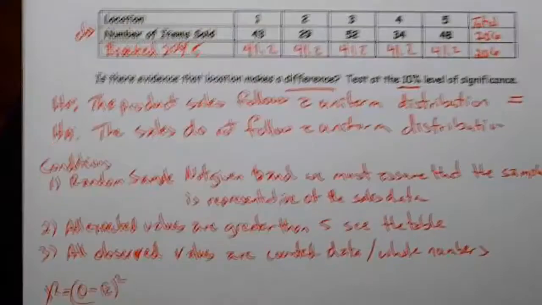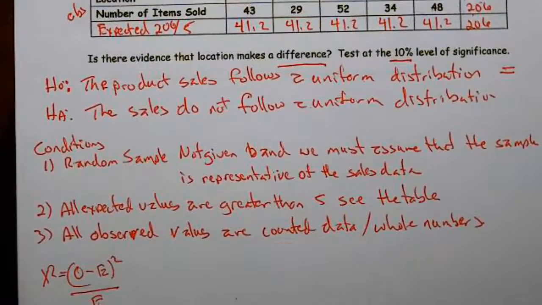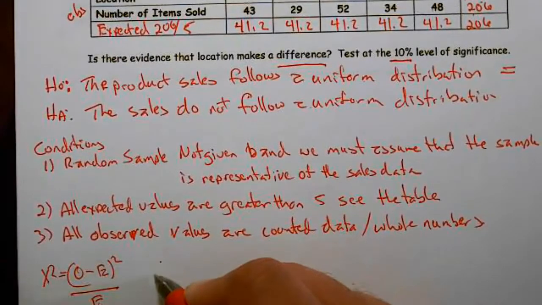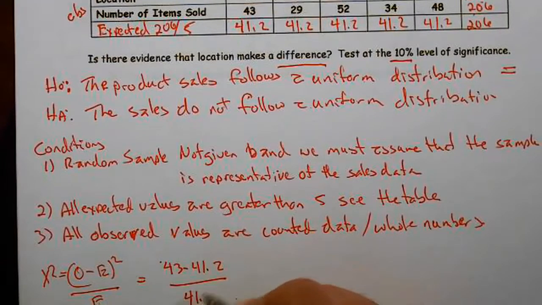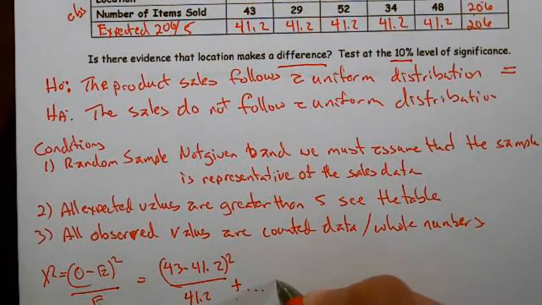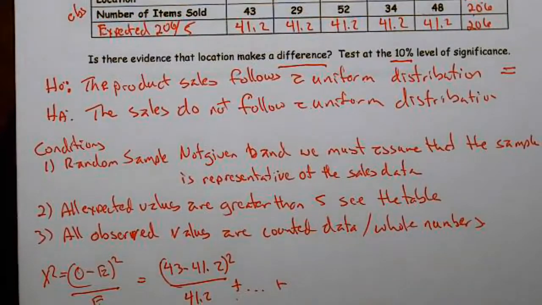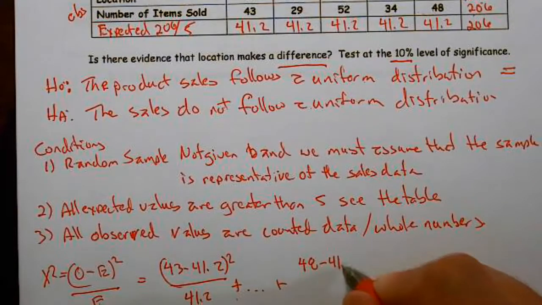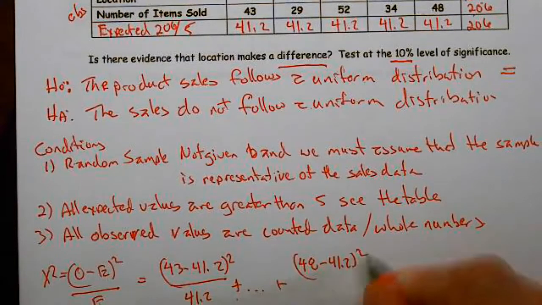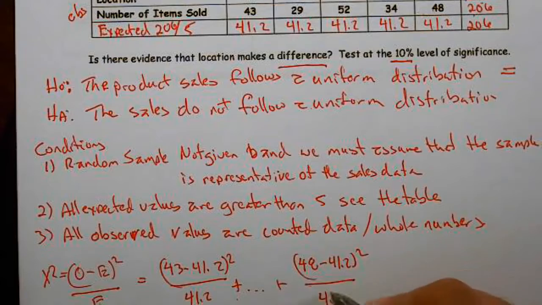Showing our work for our formula, all we have to do is show the first and last. So we observed a 43. So this is 43 minus 41.2, over 41.2. Don't forget to square this. Plus dot dot dot plus 48 minus 41.2, over 41.2.